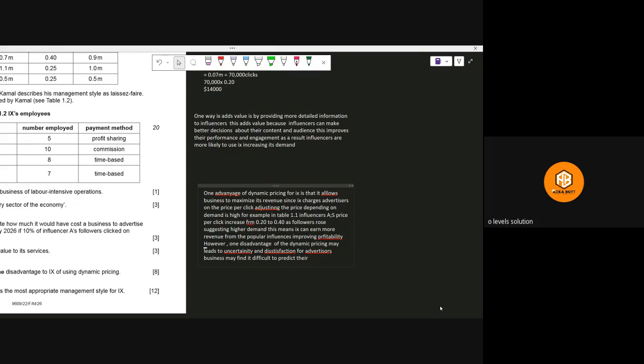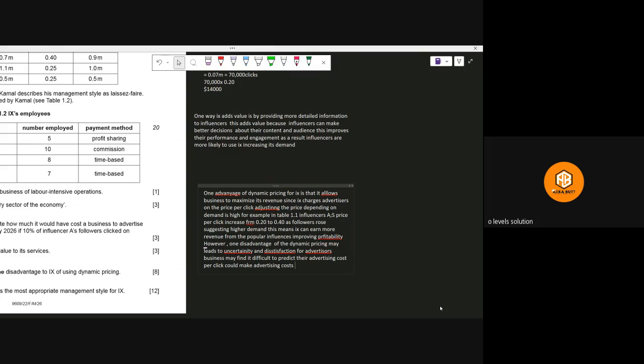Predict their advertising cost per click would make advertising costly.